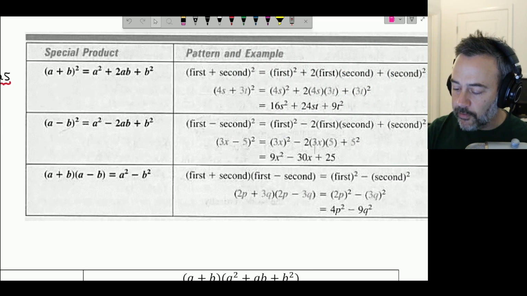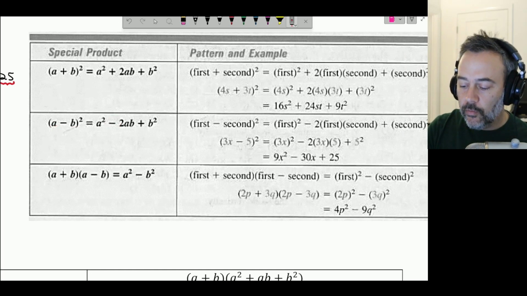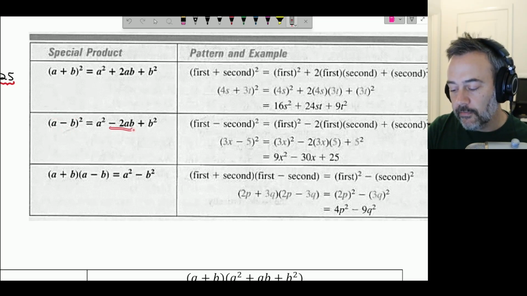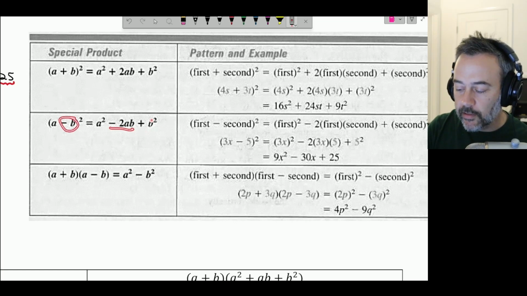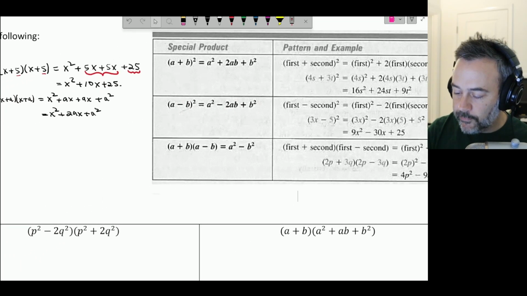And there's the same one for minus. If it's a minus b, the only difference is that there will be a minus sign. When you do a times b, you get negative ab. When you do a times b again with the other product, you get another negative a times b, so you get negative 2ab. But negative b squared is positive b squared. So that's why the second one is positive.